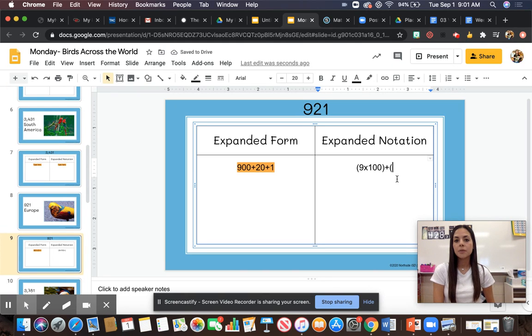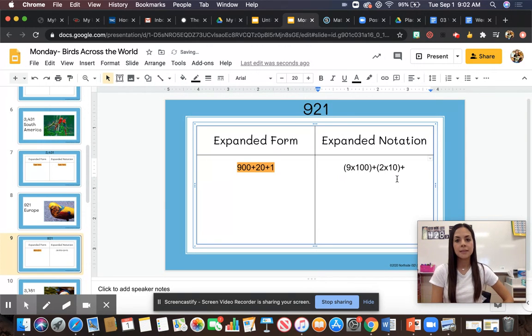So my next number is a 2, so I'm simply just going to bring that 2 down, okay? 2, and then the multiplication symbol or the groups of, and then my next step is to write what place that 2 is in. So that 2 is in my tens place, 2 groups of 10. Okay.